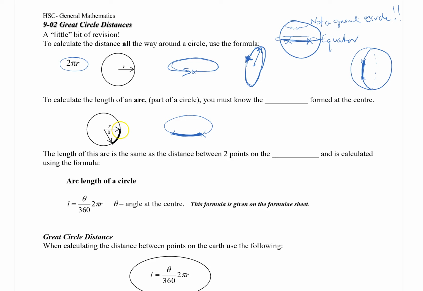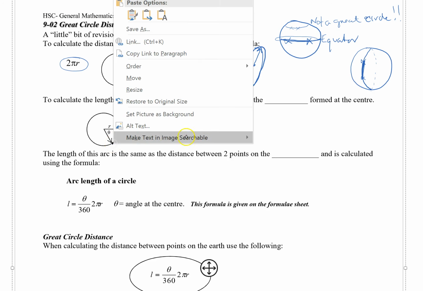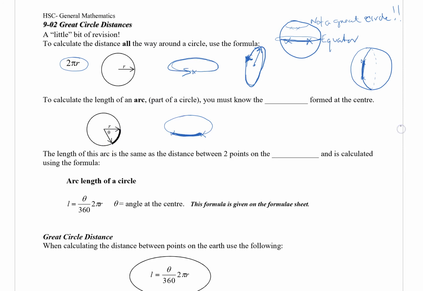So either think of it like going from the equator down to a place, or think of the equator drawn in this format. Then we're going from this place around to this place, or we're on a great circle and maybe we're going between two places down here.